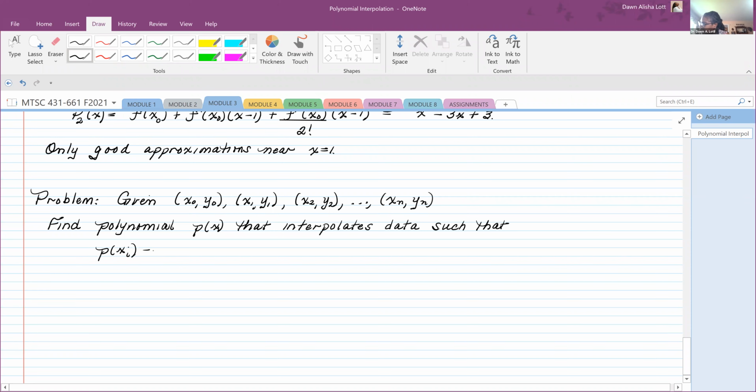P of xi is equal to yi. And then we can use that function to approximate what the actual values that we are estimating would be if x was not one of these, but somewhere in between.